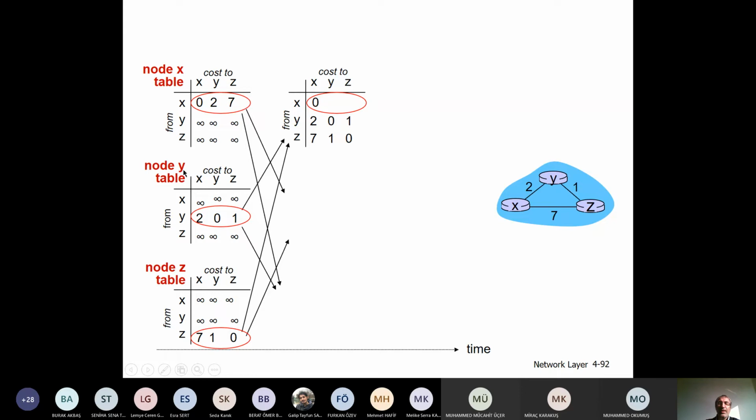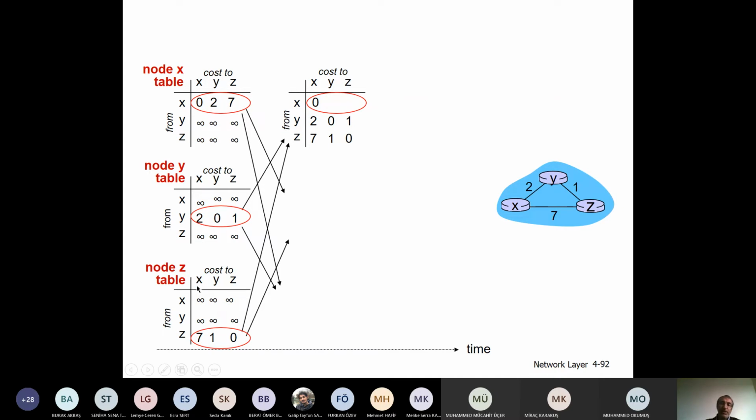Now let's move on to node Y in the first step. This is the first step, and this axis is time. In the first period, everybody calculates its cost to the neighbors. The node X table calculation we already mentioned. For node Y, the cost from Y to X is 2, the cost from Y to Y is 0, and the cost from Y to Z is 1. The remaining are infinity in the first initial step.